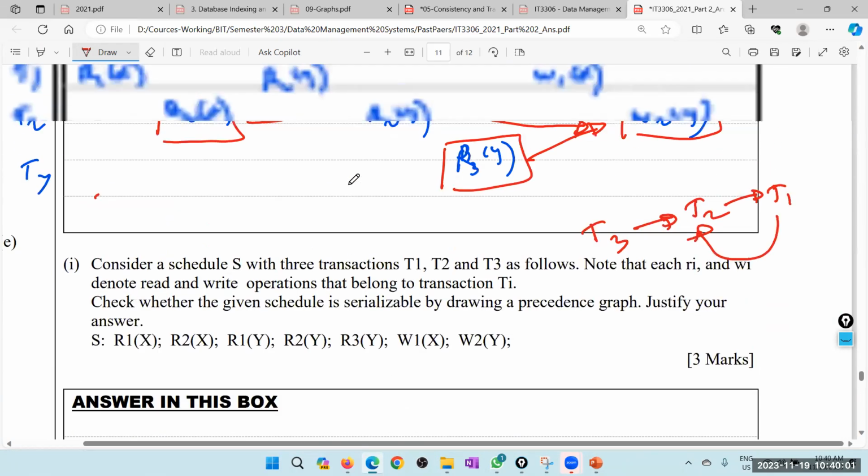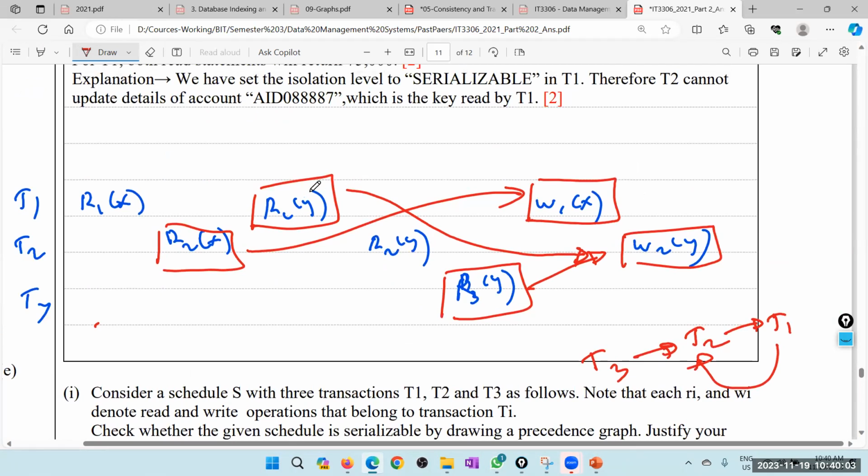So what is the conflict pair? So this one is this one to this one. Okay. So how do you say? This one to this one, this one to this one, and this one to this one. Yes. So T2 to T1, that is this one. Right?